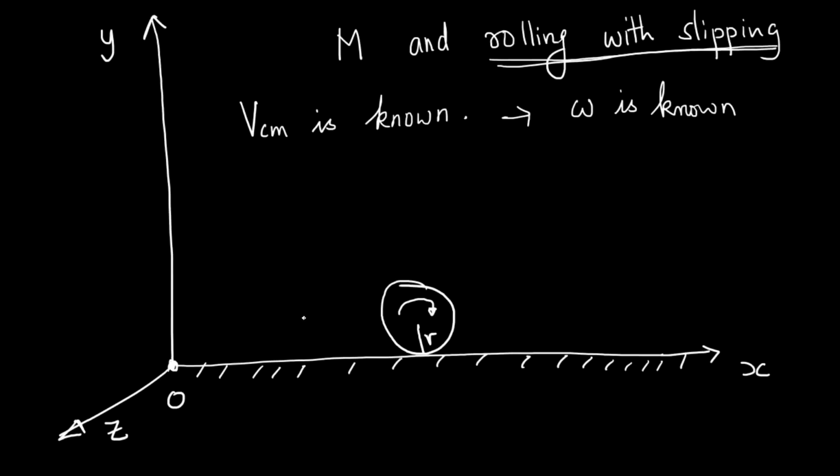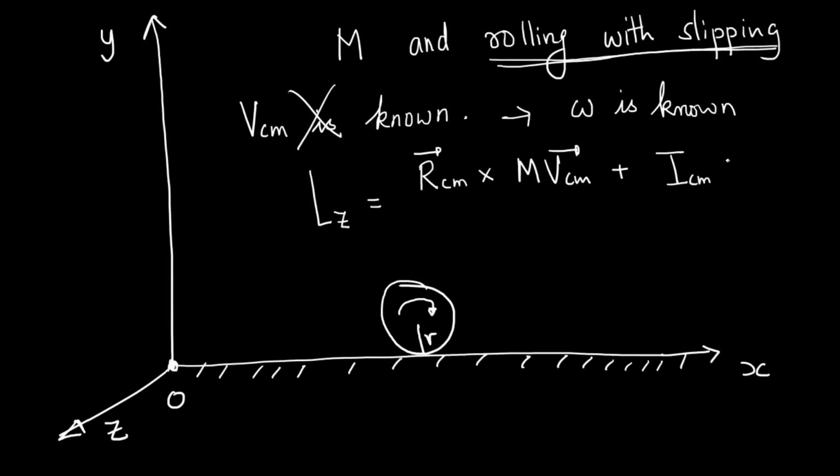Okay, so we just go and apply the formula, and what is the formula? Let me just write it down. L_z is equal to R_CM cross M V_CM plus I_CM omega.